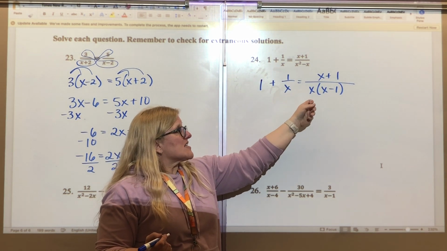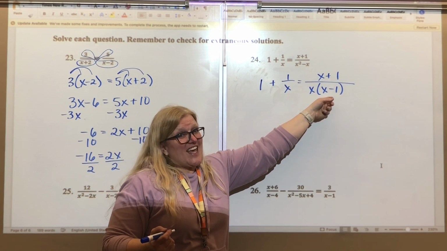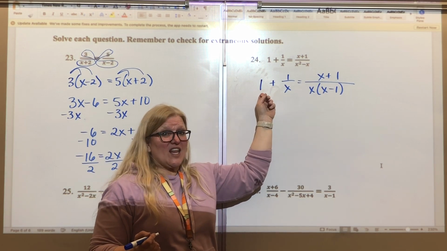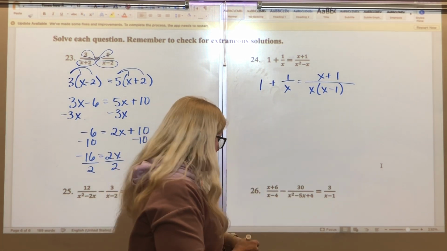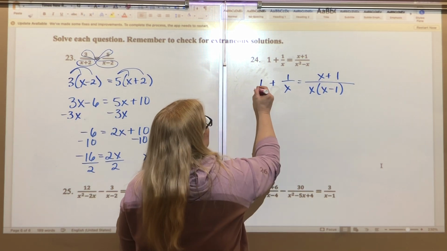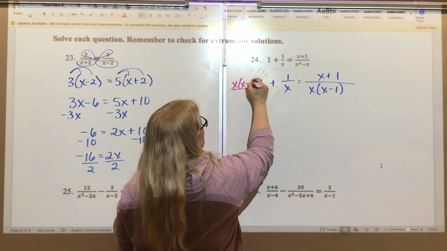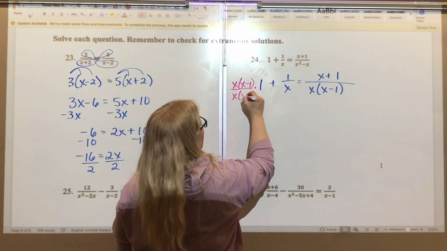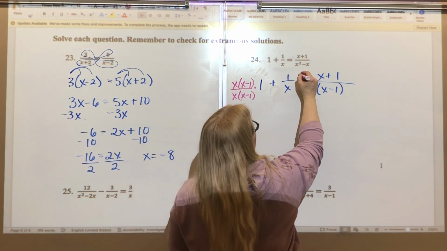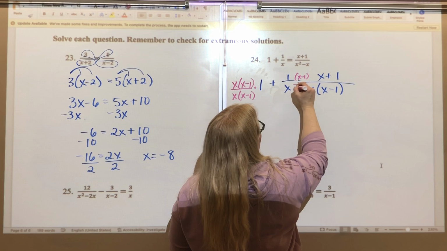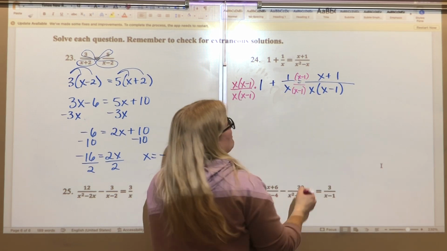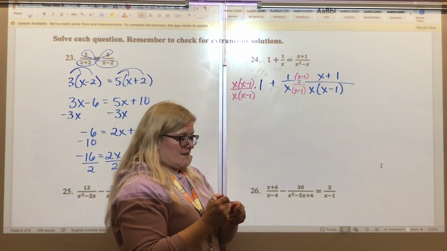This one has an x, this one has an x and an x minus 1, and this one doesn't have anything. Okay? So I've got to give this one both. An x and an x minus 1. This one needs an x minus 1 over x minus 1. And that one has both, like I said.